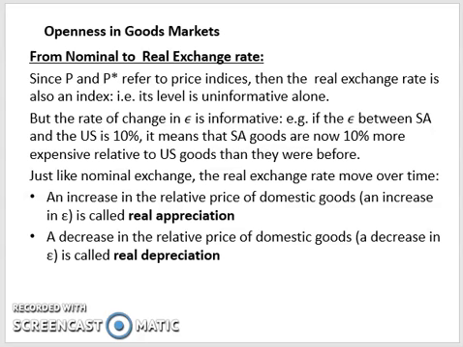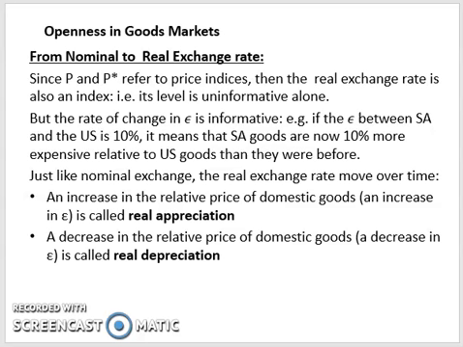So if, for example, the real exchange rate between South Africa and the United States increases by 10%, this tells us South African goods are now 10% more expensive relative to US goods than they were before. And just like the nominal exchange rate, the real exchange rate moves over time.